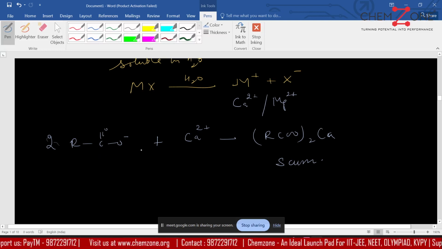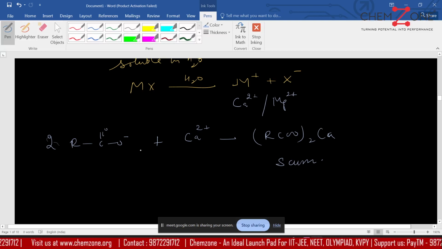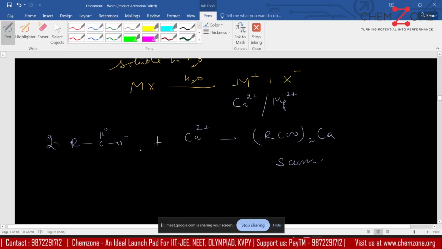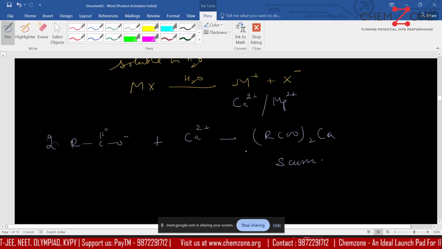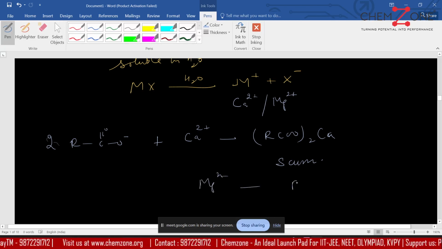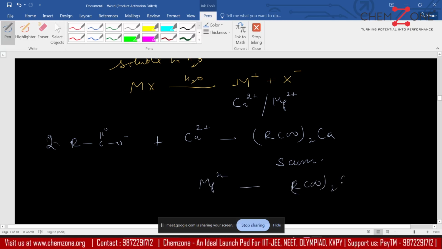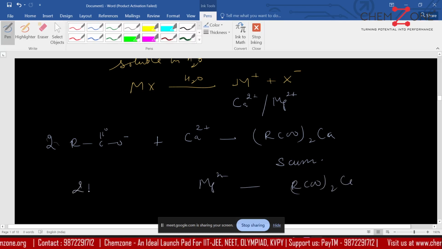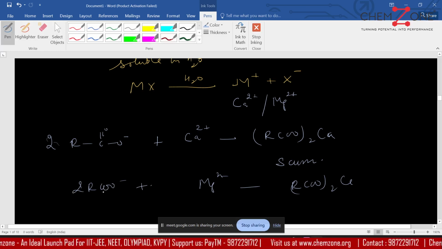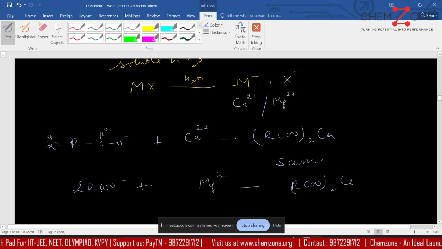It will not reach the CMC level, and that is why the micelle formation will not take place. It can be calcium ion or magnesium ion. They will combine with the soap molecule and form scum. Understood?